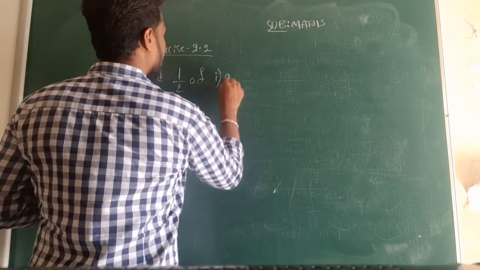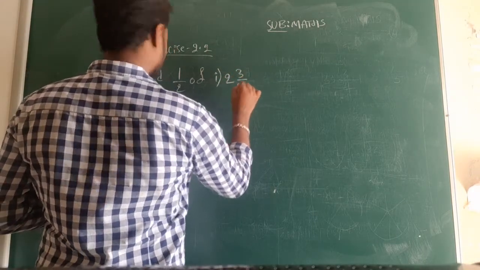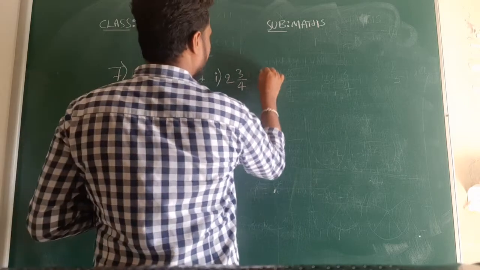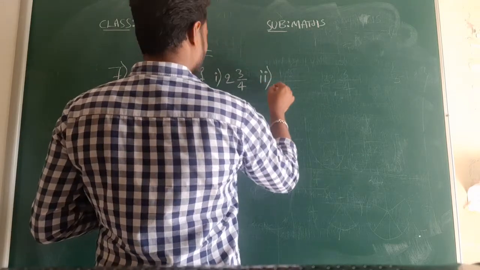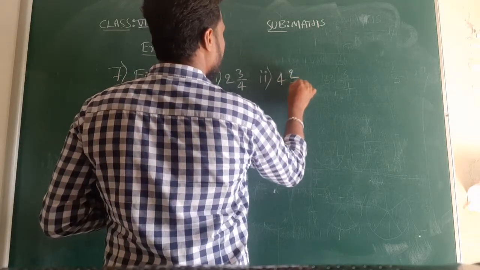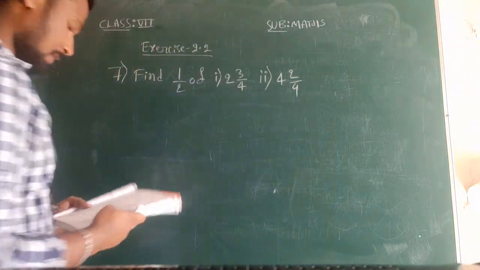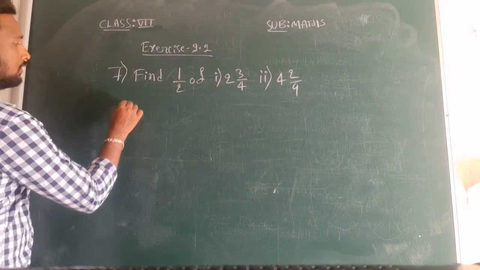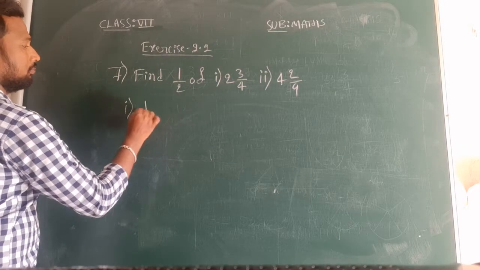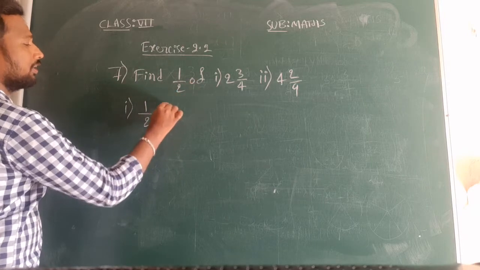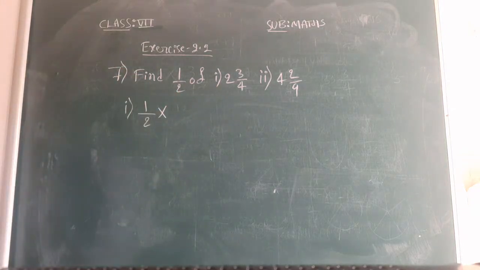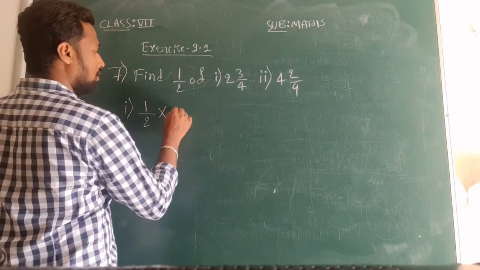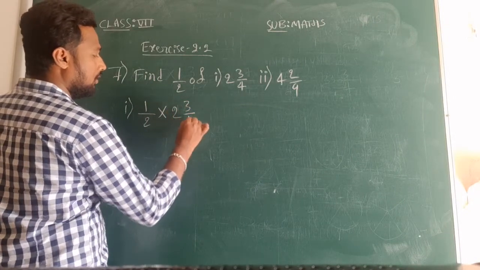The first one they have given is 2 into 3 by 4, and the second one is 4 into 2 by 9. Now for the first one, 1 by 2 of indicates the multiplication operator. So the first one is 2 into 3 by 4.